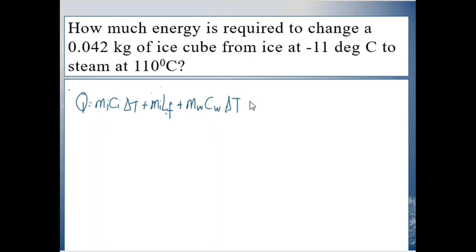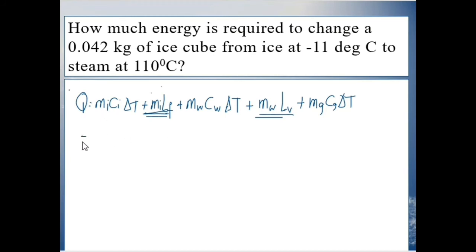And then plus, we now have evaporation, so that will become mass of the water, and then LV. Then lastly, plus mass of the water vapor, so I'll just write G for gas, C of the water vapor, and then delta T, which is from 100 to 110 degrees Celsius. Okay? So that will be the whole equation. Take note that this one is positive because it's absorbing heat, and this one is also positive since heat is absorbed.